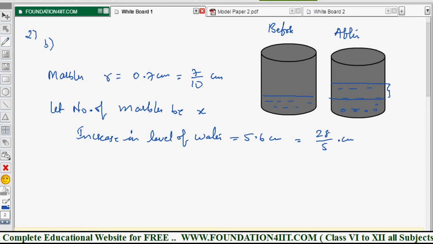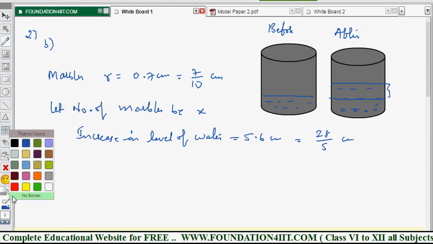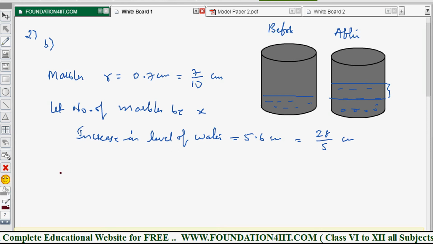Now according to the question, the volume of the marbles is nothing but the increased volume of the water. Therefore, the volume of x marbles is exactly equal to the increased volume of water, because by dropping some marbles, the water level is increased.